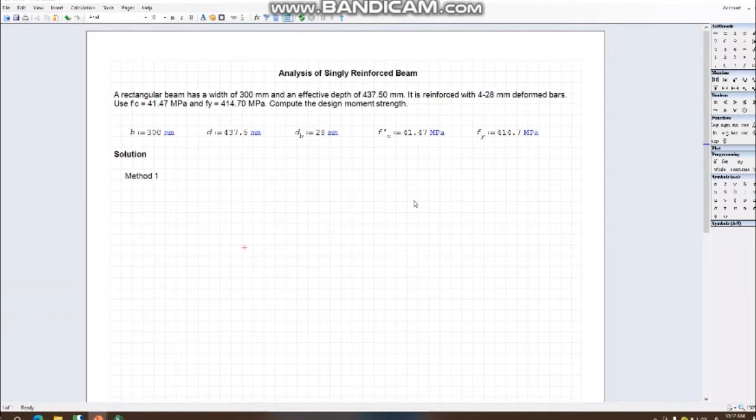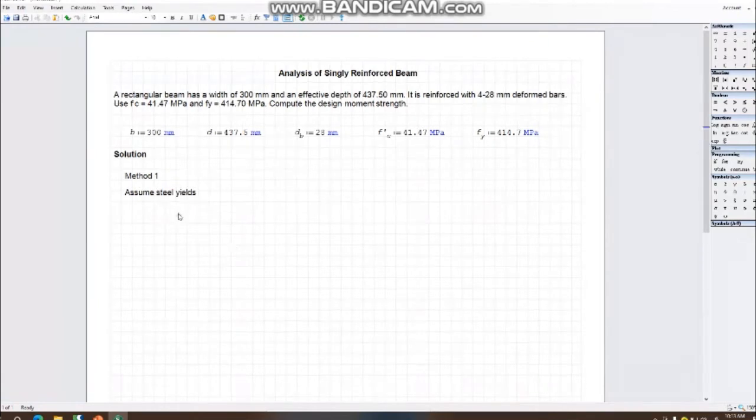The first step is to assume that the steel yields.